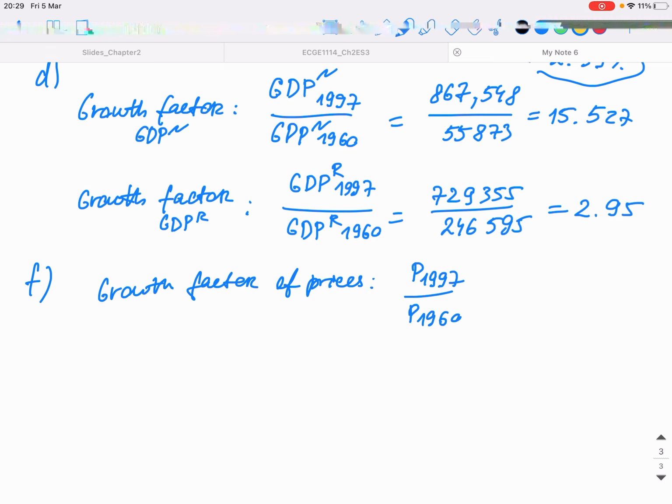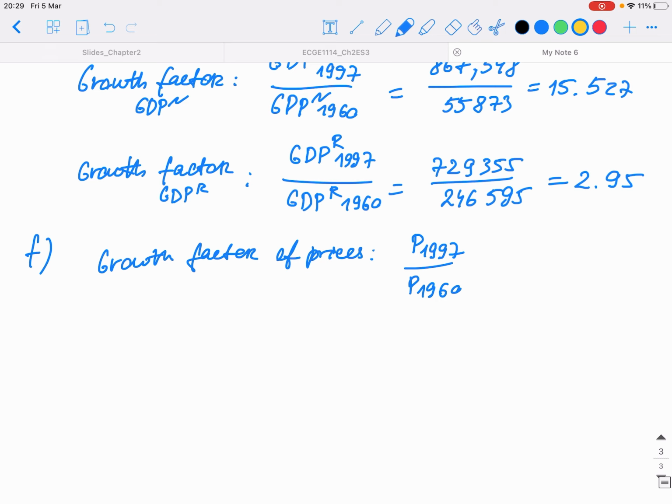And so we can just take the growth factor of nominal GDP over the whole period. You just know that nominal GDP is evaluated at the prices of those years.